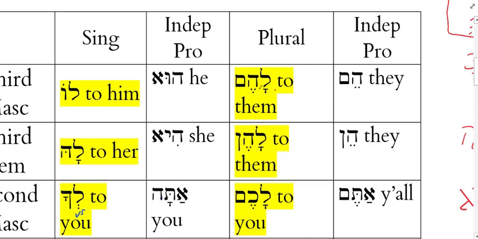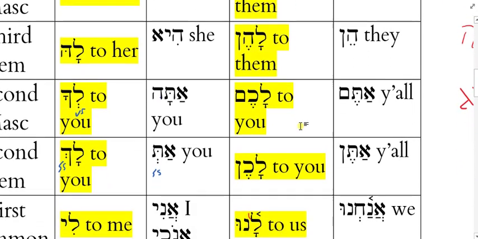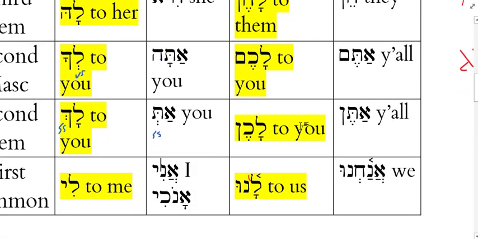Notice that my vowel here is a kametz, not a shava. It's not lehem, but lahem. Lahem. Okay, so we'll want to pay attention to that when we're trying to memorize these forms. Next, to you or to y'all, plural, masculine. Everybody, lachem. Chem is my pronoun.